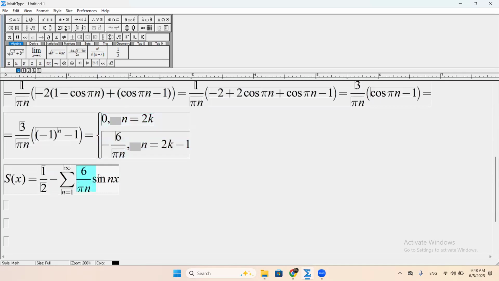Stop. Yeah, not correct. So what will we do? We will replace n with this expression, 2n minus 1, and here 2n minus 1 as well.